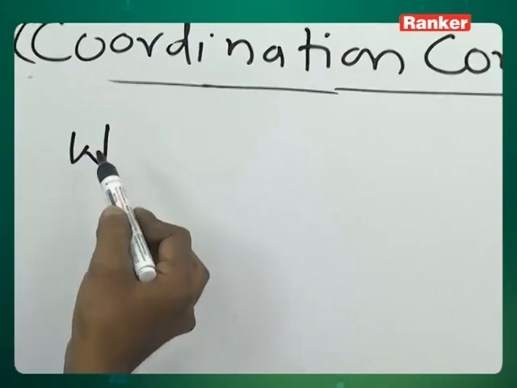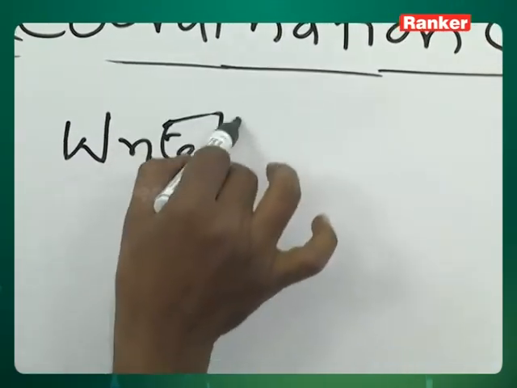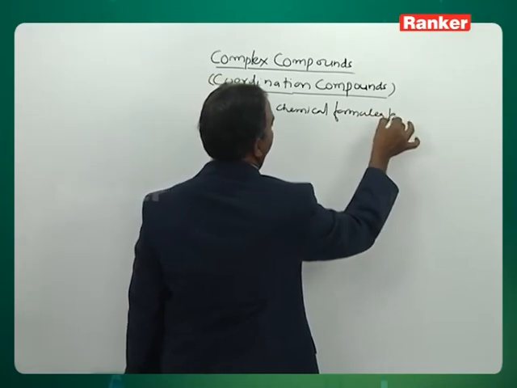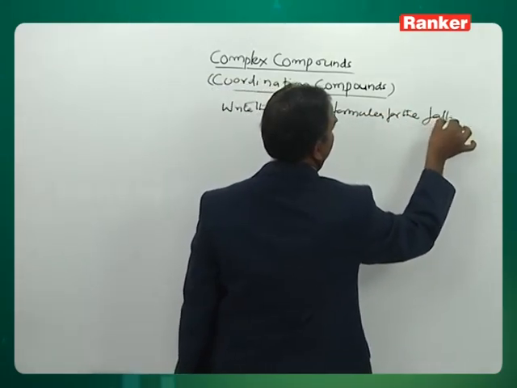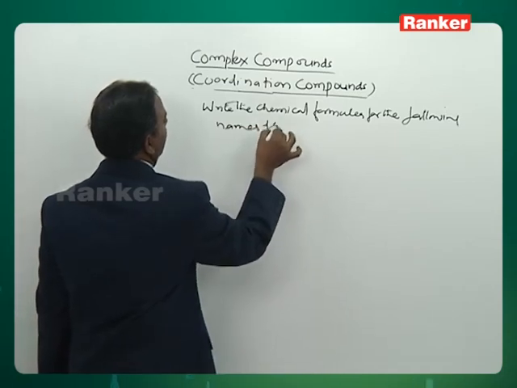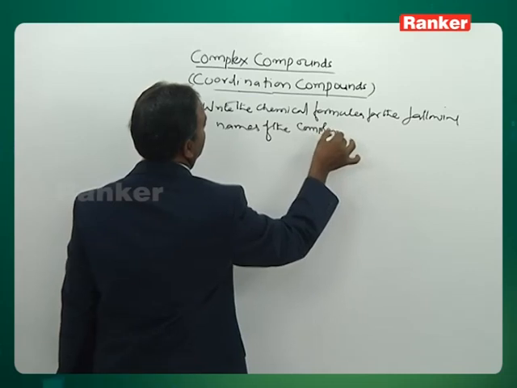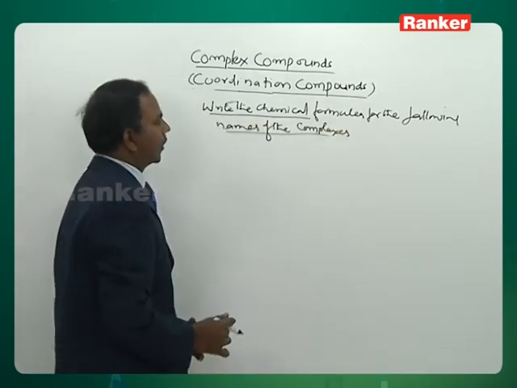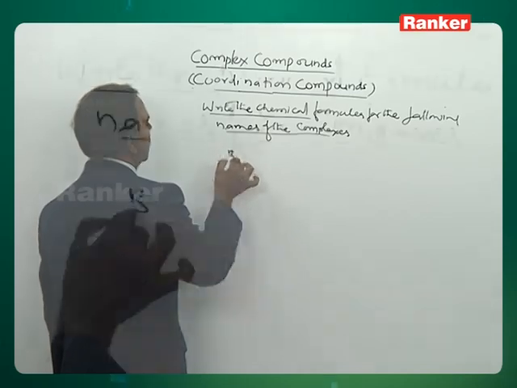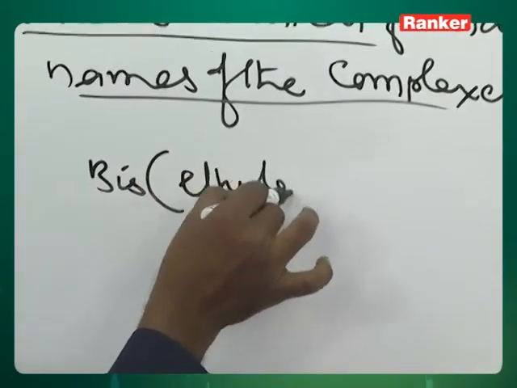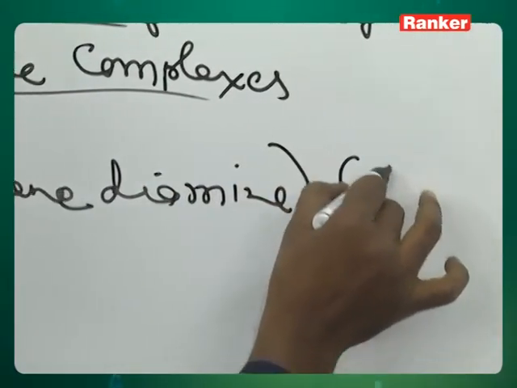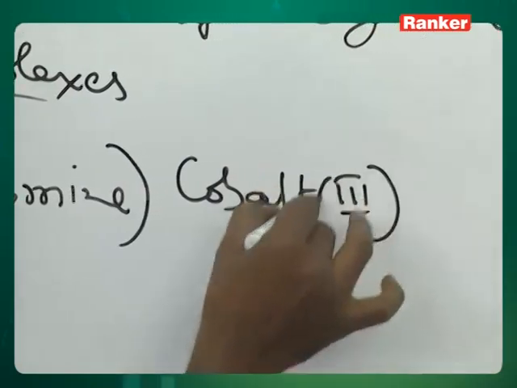Write the chemical formulae for the following names of the complexes. Bis ethylene diamine cobalt 3 ion.